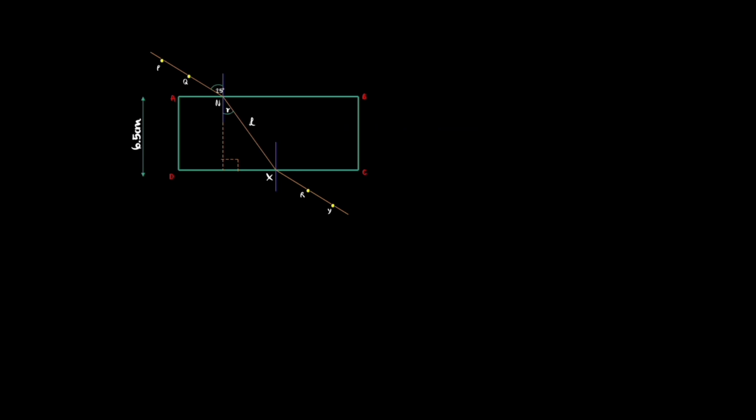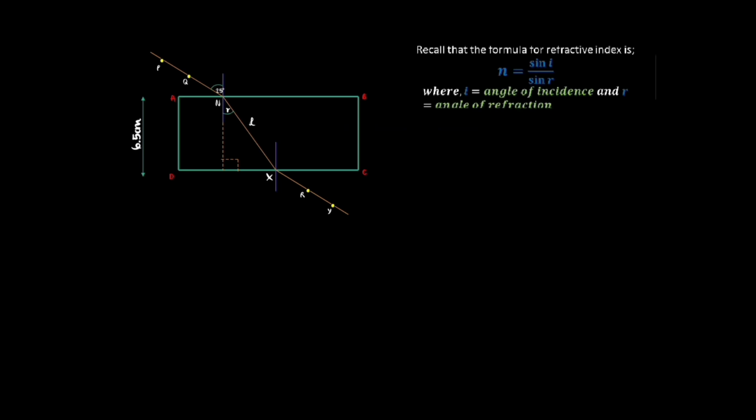That is the issue. But it's not really an issue anyway, because I'm going to show you that it's not a problem. So we recall that the formula for refractive index N is equal to sine of the angle of incidence all over the sine of the angle of refraction.